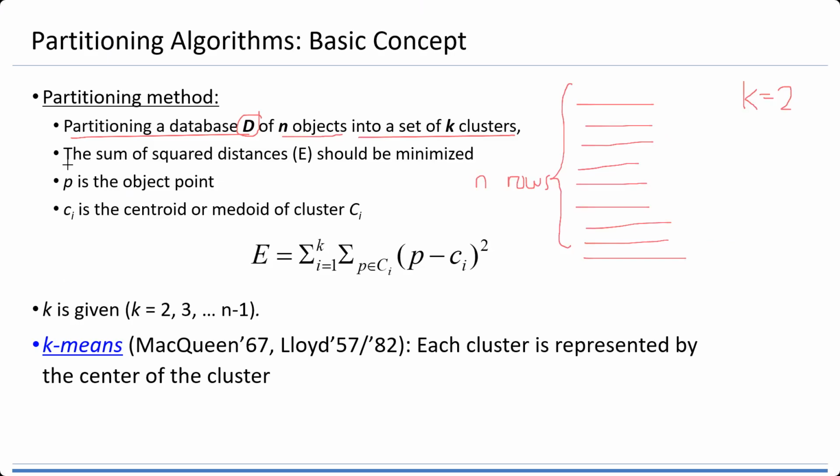This idea is using the sum of square distance. If you look at the distance measures, we have Manhattan, we can also use Euclidean, and we can also have another kind of measure, which we call sum of square.